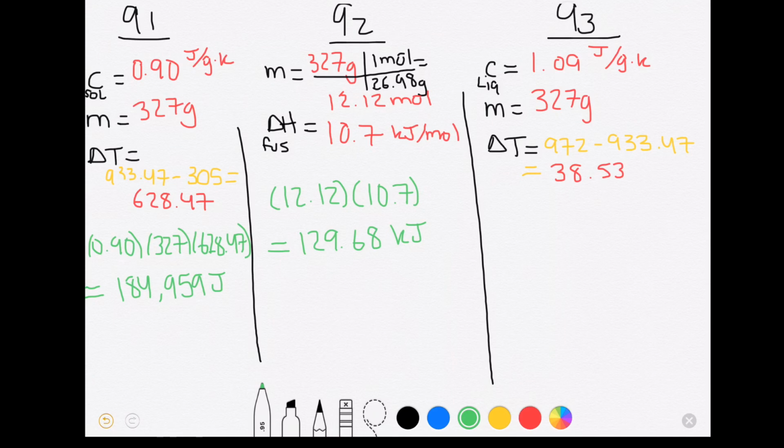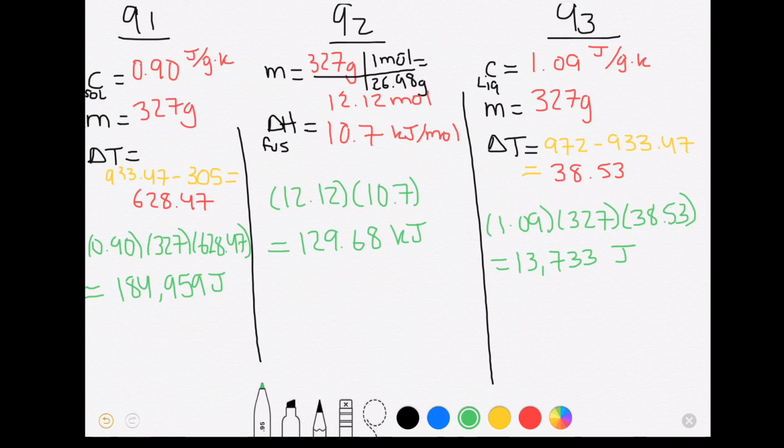And then for my Q3, I'm going to multiply 1.09 times 327 times 38.53, and that should give me an answer of 13,733, and just like my other odd Q, my units here should end up being joules.